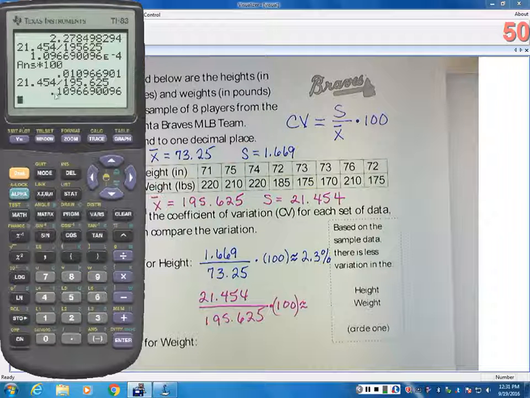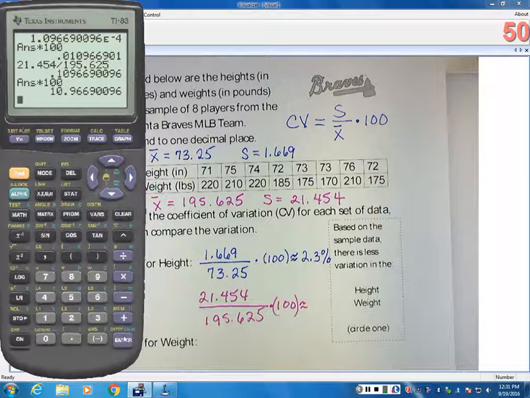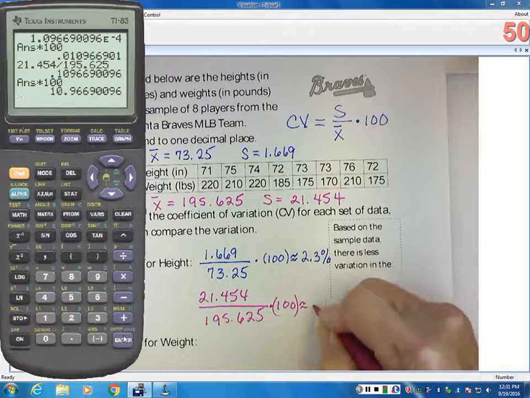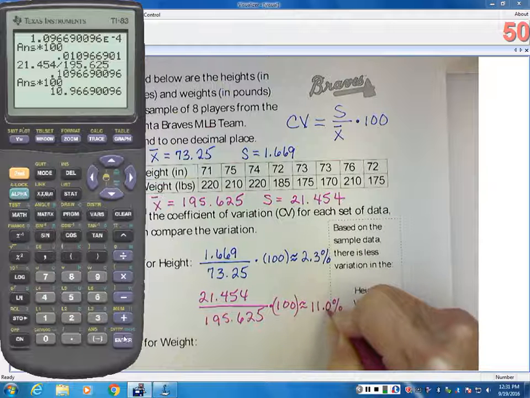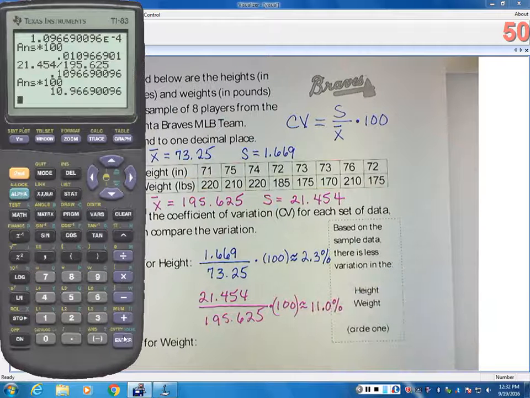Okay, so we multiply by 100, and it becomes 10.966%, or we can actually call that 11%. That's pretty close to 11%. That's 11% variation.